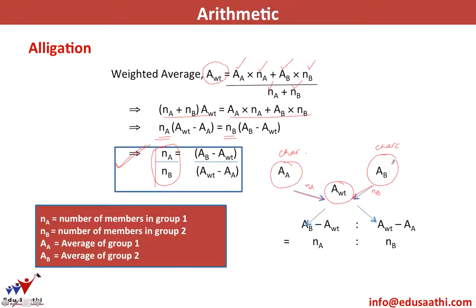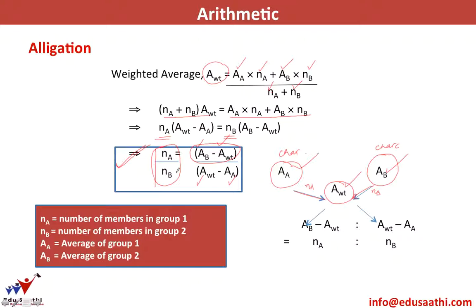So what I do is I find the difference between Ab and Aw, and Aw and Aa. That means I'm finding dearer minus mean over mean minus cheaper, and when I find their ratio, that gives me the ratio of the two components getting mixed.